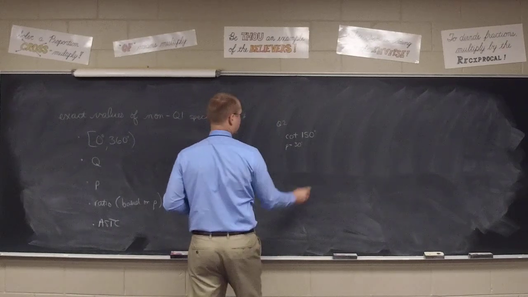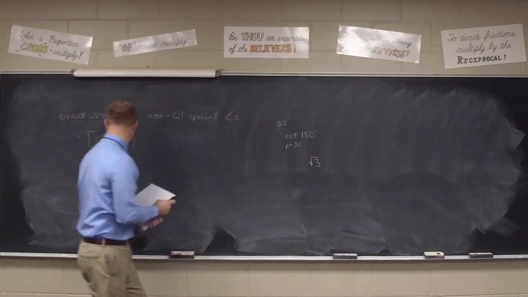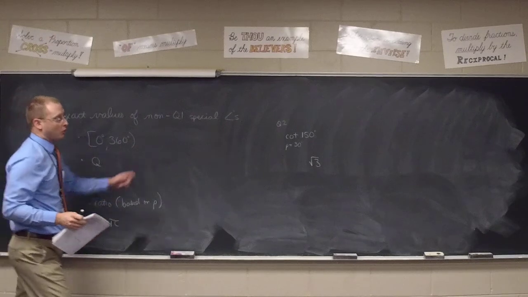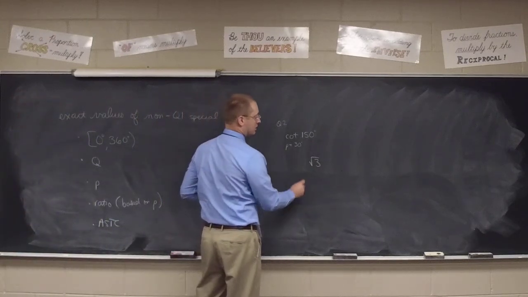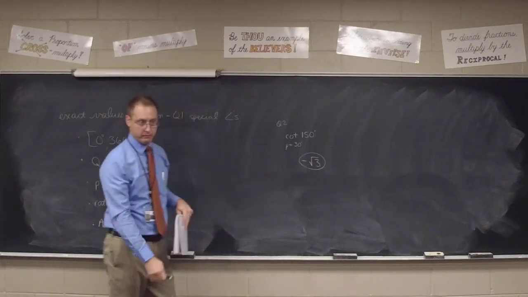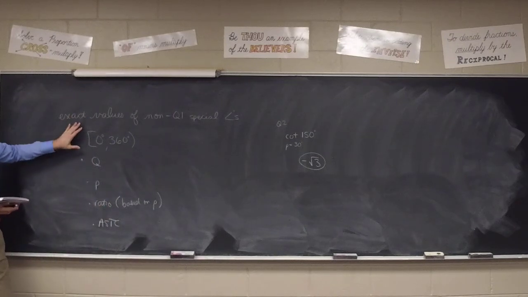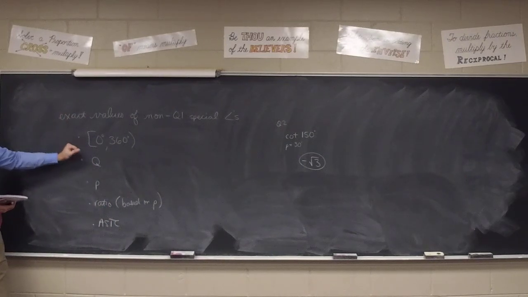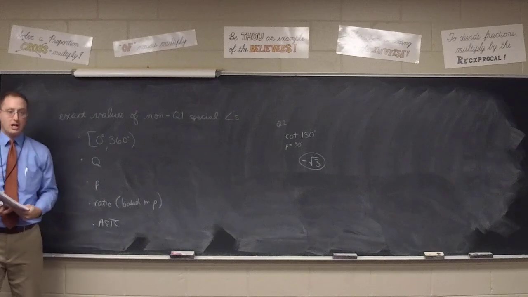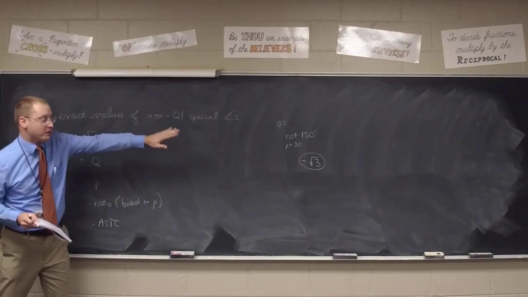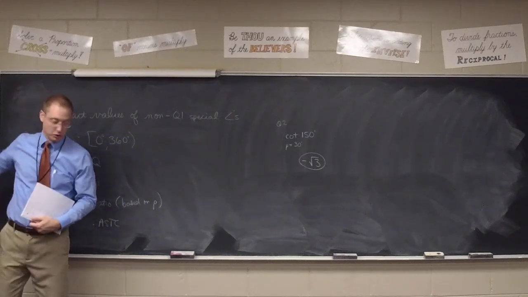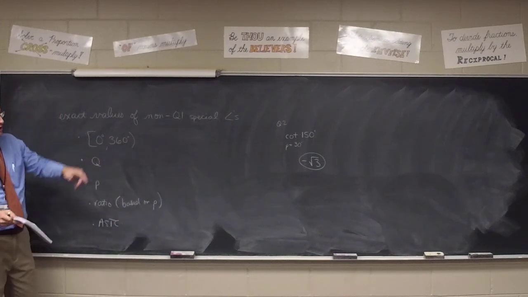Square root of 3 over 1. But, ASTC. Quadrant 2 cotangent is negative square root of 3. I made sure it was between 0 and 360. Quadrant 2, reference angle 30. What's the ratio based on the reference angle? Not 150, but you're looking at 30. So using your special triangles, and then ASTC at the end to determine positive or negative.